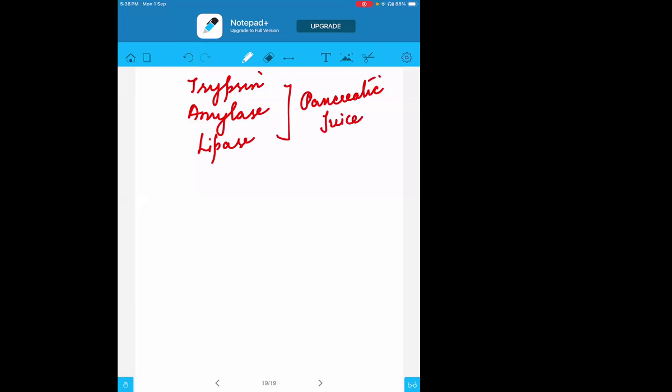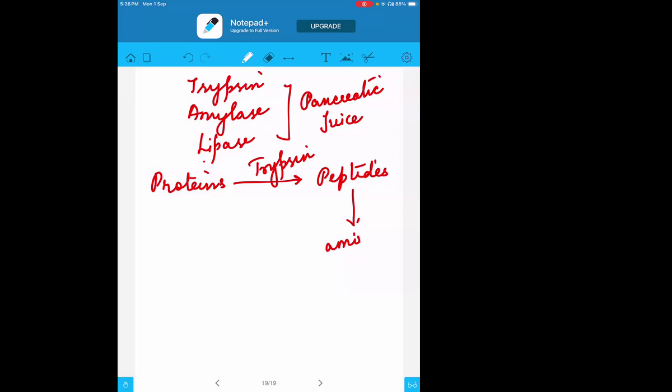Now, two conditions are there. One is the direct condition, which almost all the books have given, where the trypsin works on the protein. Proteins get converted into peptides with the help of trypsin, and these peptides are later converted into amino acids.